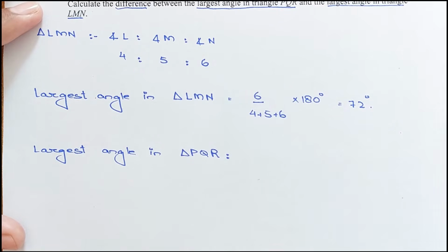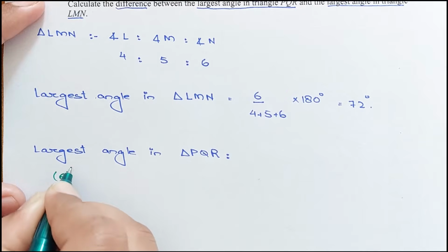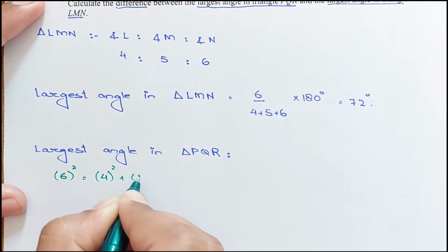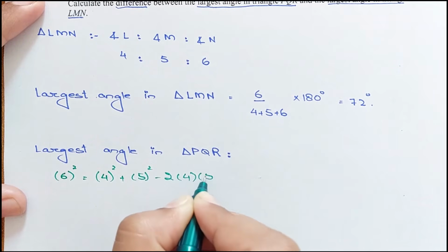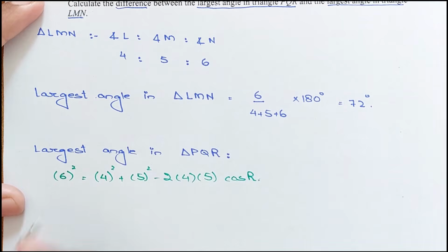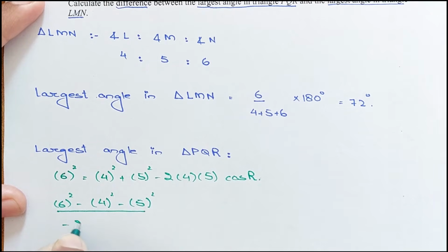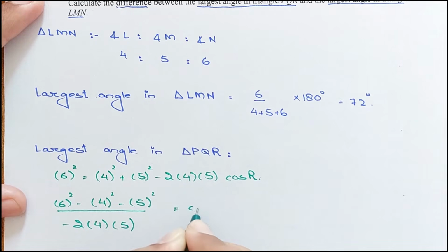So according to the law of cosine, 6 squared equals 4 squared plus 5 squared minus 2 into 4 into 5 and cos of R. So 6 squared minus 4 squared minus 5 squared divided by minus 2 into 4 into 5 is cos of angle R.